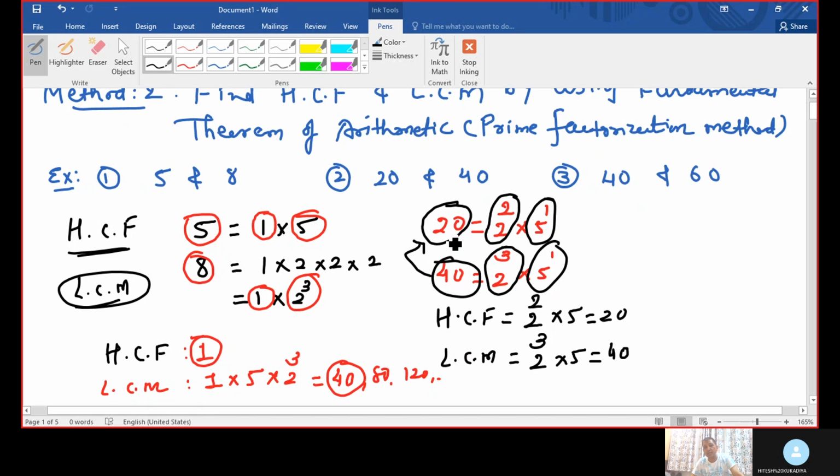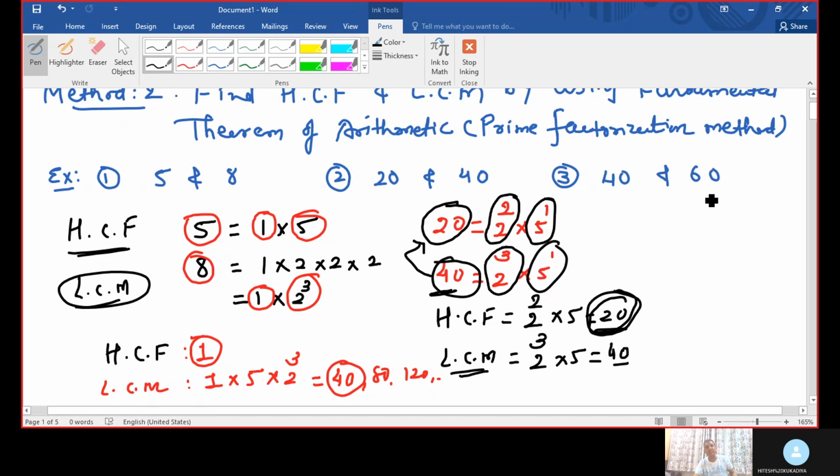So when we speak the table of one number and we get the second number, the HCF is always the smaller number, and the LCM is the greater number. So here LCM is 40 because 2 twenties are 40. Is that clear? So for 20 and 40, HCF is 20, LCM is 40.